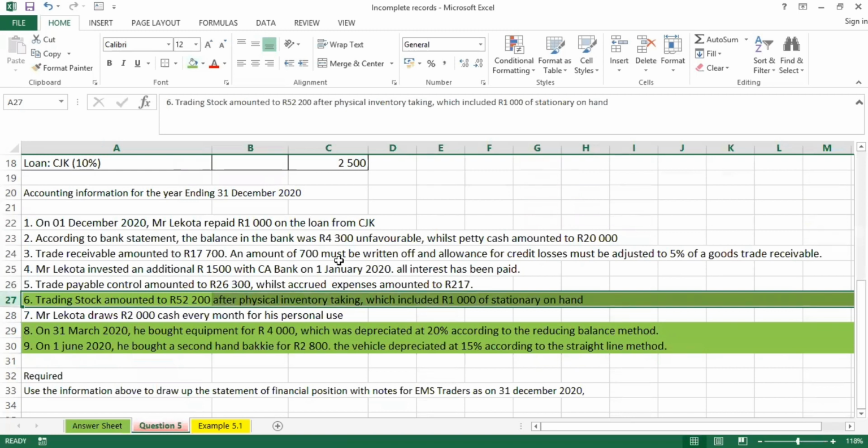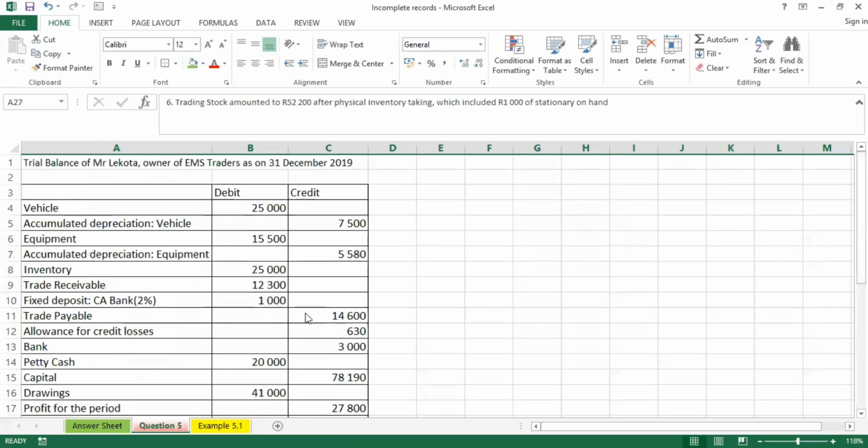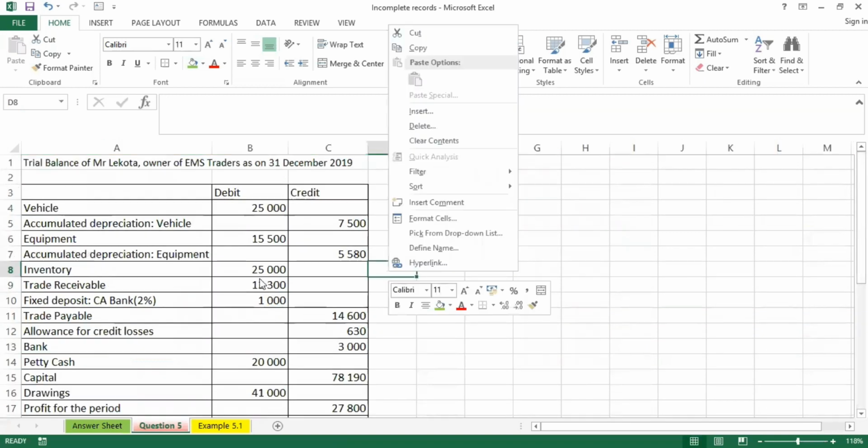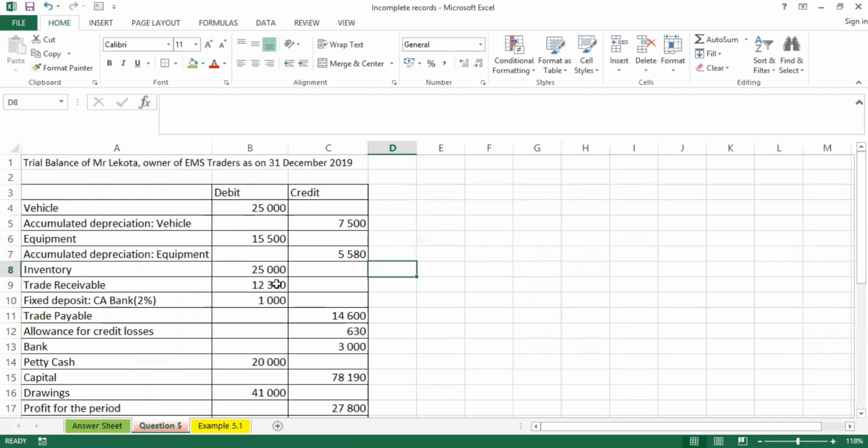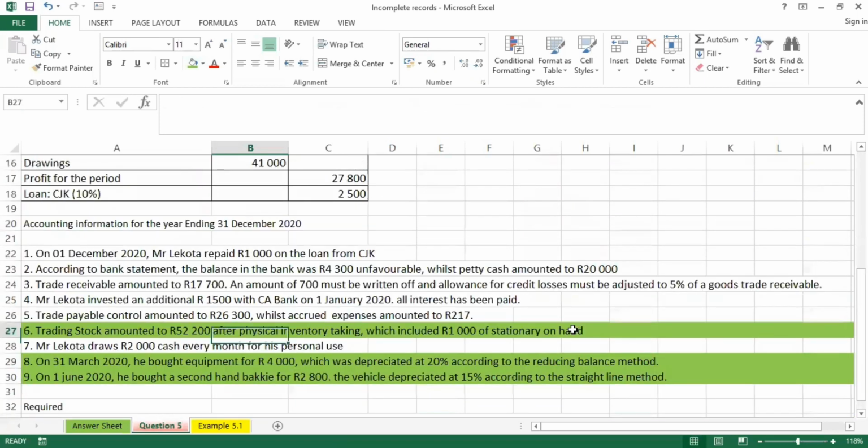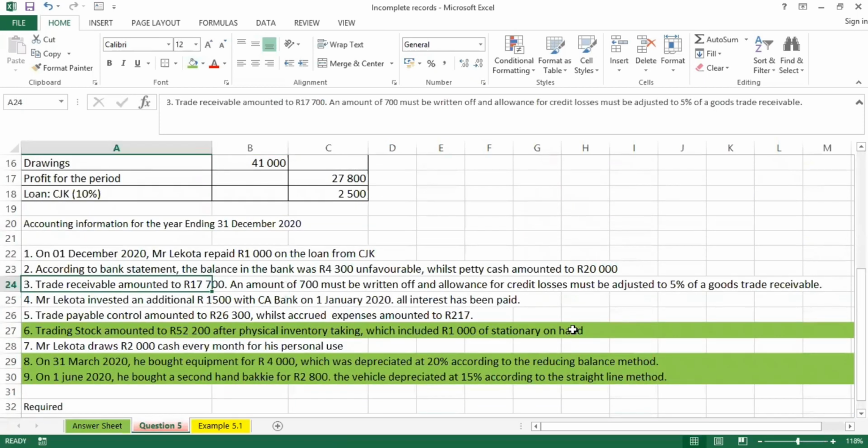And then we check. At the beginning, what we have is trade and other receivables. We have this amount. But now go and check the information that tells us about our trade and other receivables. Okay, so we are at number 3.